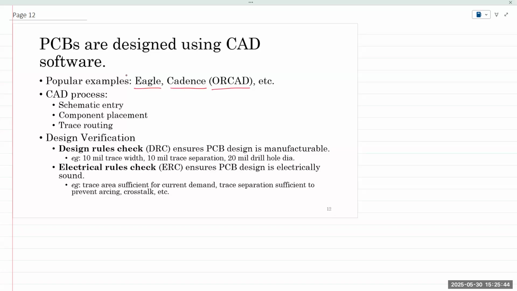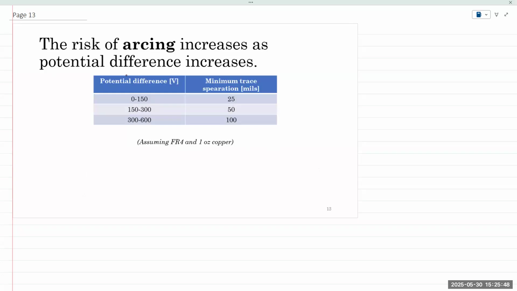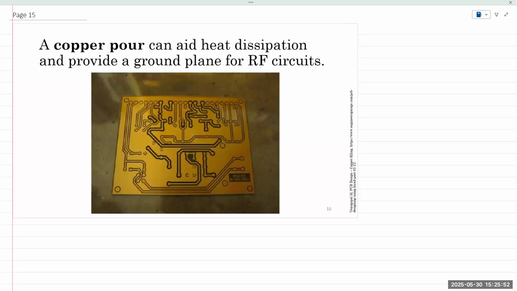All right, design rules check, PCB design manufacturing. I'm going to skip through that. Oh, I do want to mention this. If you ever see this on a PCB, it serves a purpose.